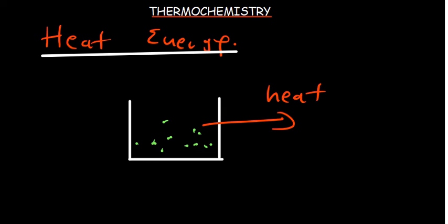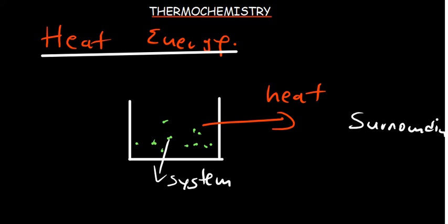Remember, what is inside is our system, and what is outside is the surroundings. Don't forget your grade 12 work. Exothermic, okay. People have not forgotten, so we do know what an exothermic reaction is. Now, would you expect the energy or heat to be negative or positive in an exothermic reaction?